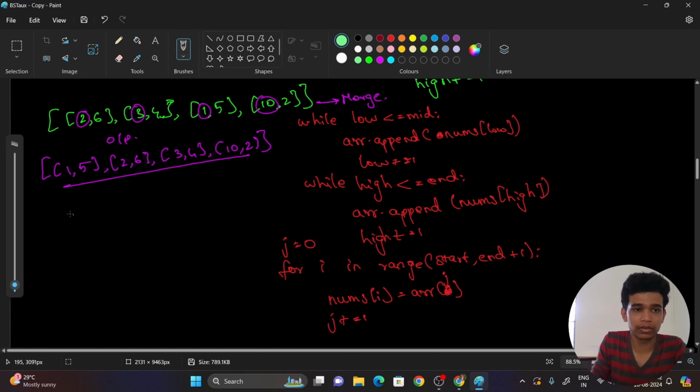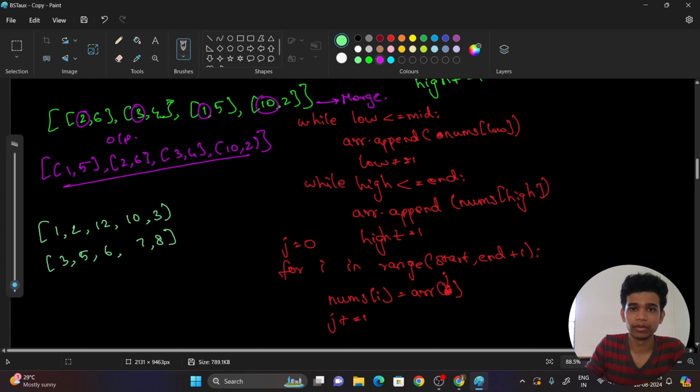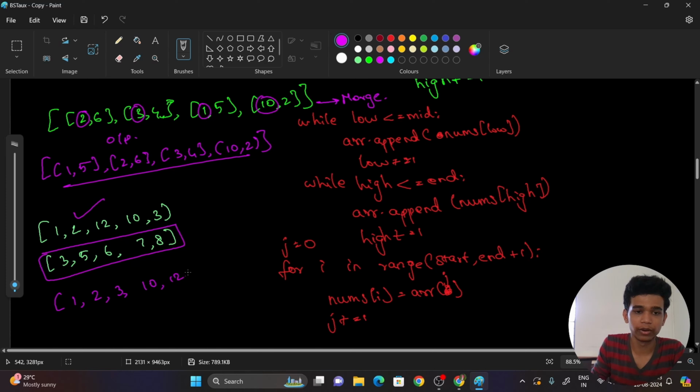Another type of sorting question is something like they will give two arrays, like 1, 2, 12, 10, 3, and in another array, it will be like 3, 5, 6, 7, 8. Now you want to sort this array with respect to the other array. If I sort this array, my output will be 1, 2, 3, 10, and 12, right?